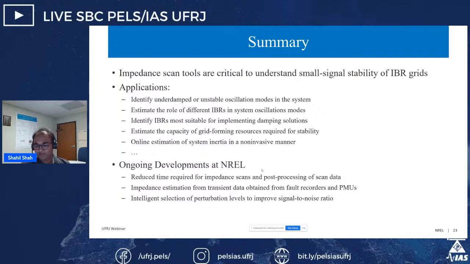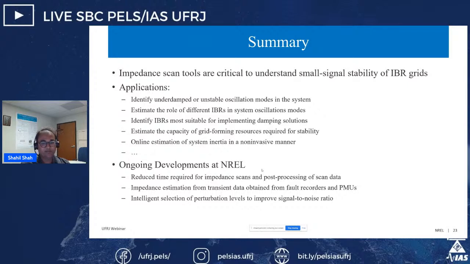So the impedance scan tools became very popular within the industry, both system operators as well as device manufacturers, to understand control interactions. And now, as we are seeing power systems operate with even higher and higher IBRs, we see system-wide control interactions or system-wide oscillations.